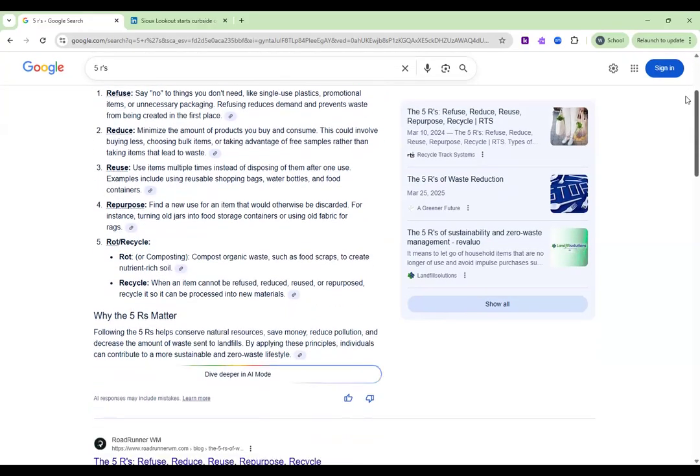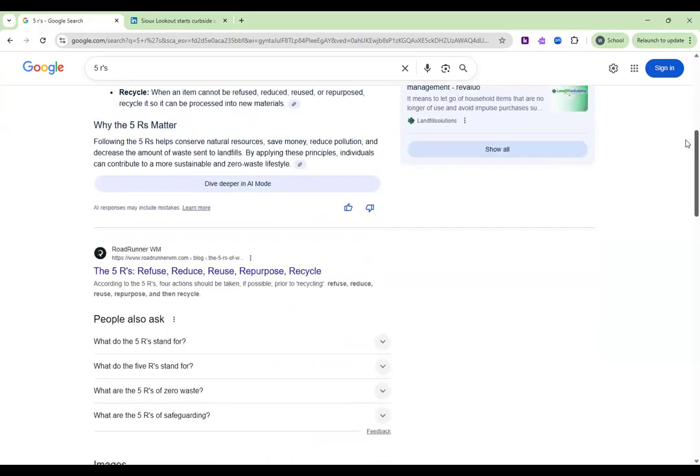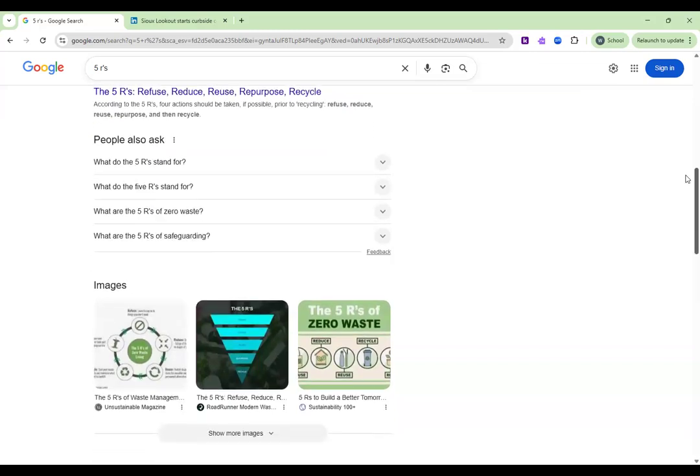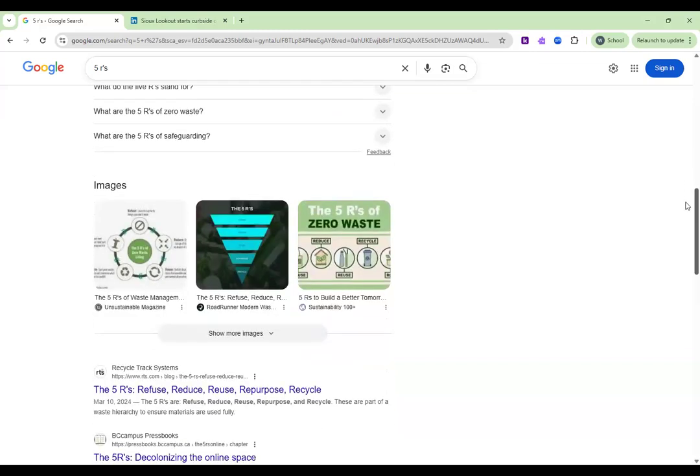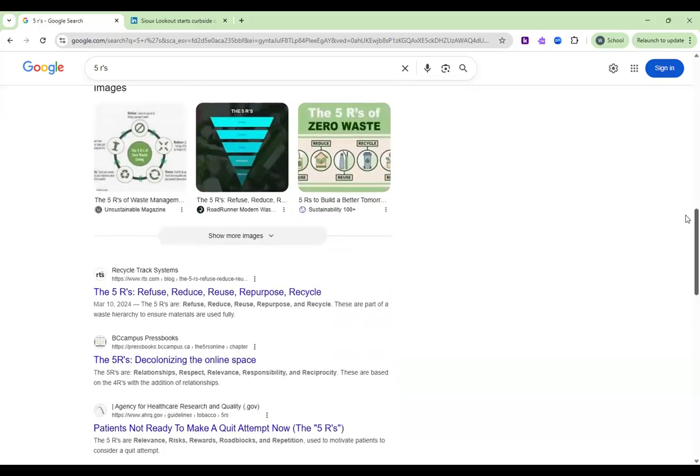Rot and recycle is also on there. And another one is to fix. I don't know what the R word is for fix, but I think repurpose maybe, but also to fix it.